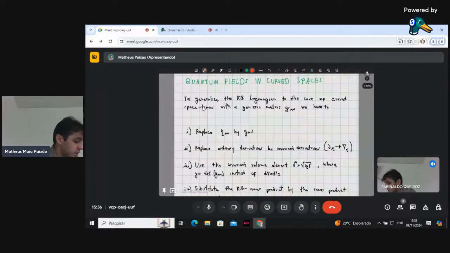So the idea is to generalize the Klein-Gordon Lagrangian to the case of curved space-times, with a generic metric g.